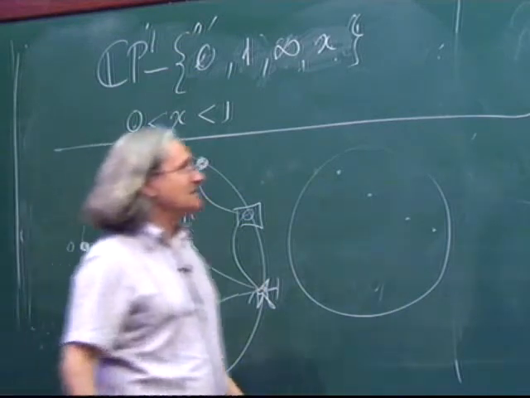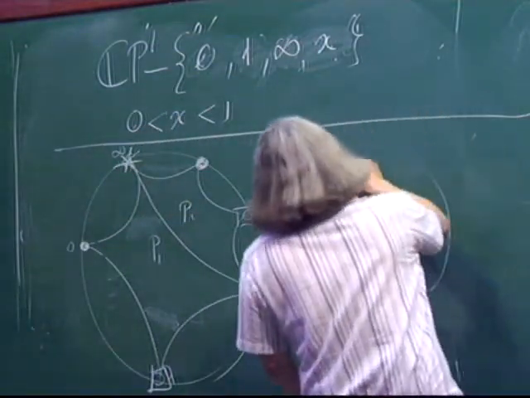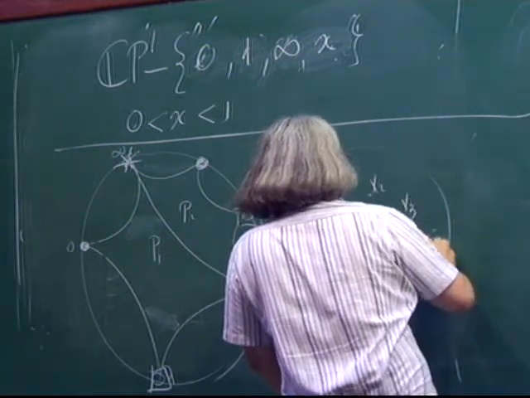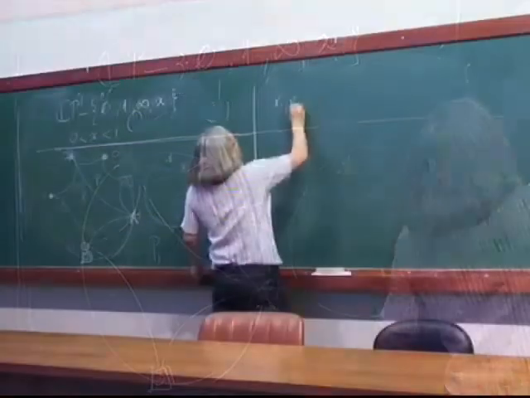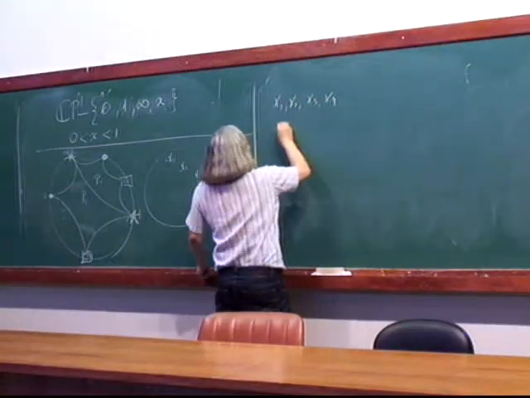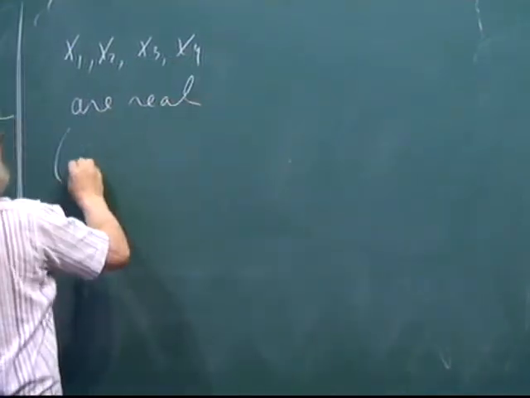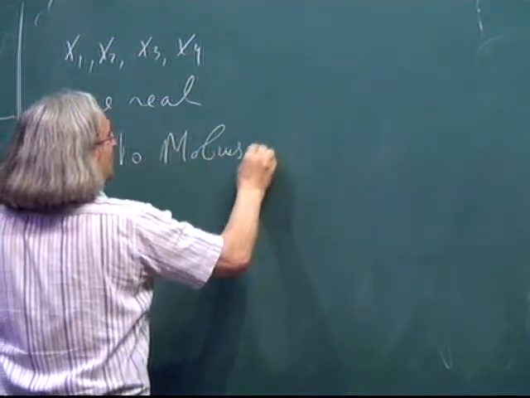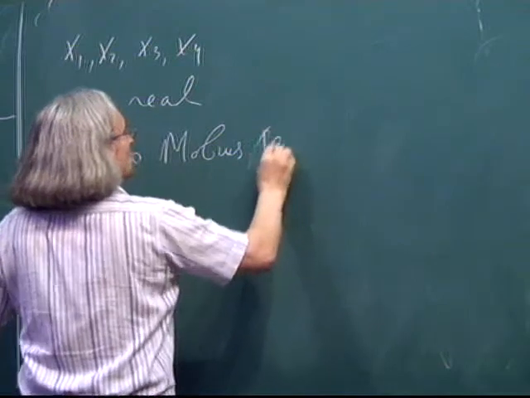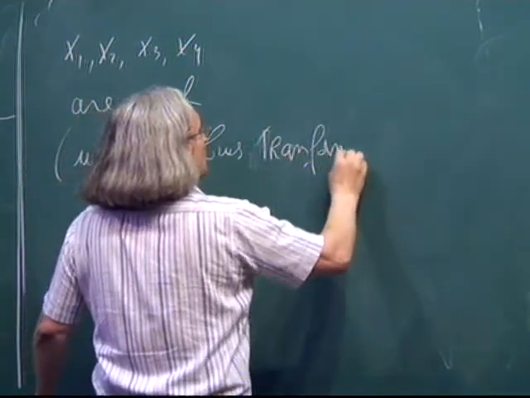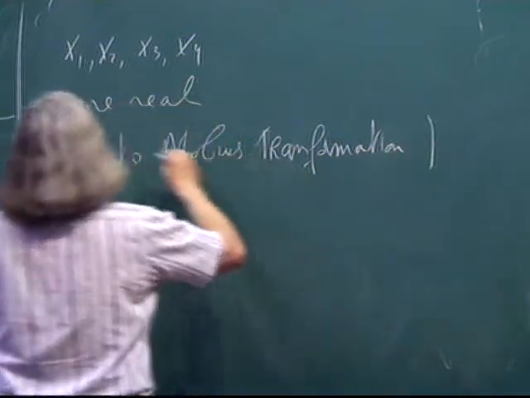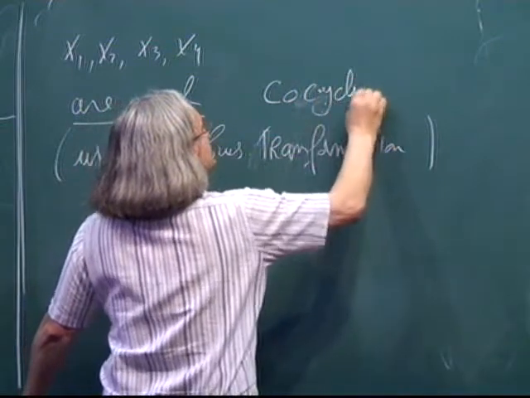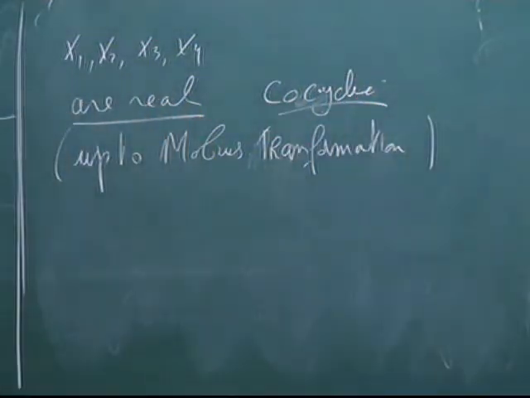And the observation is that the 4 points are real, of course, up to Möbius transformation. Or if you want, instead of saying they are real, they are cocyclic. So why is it so?